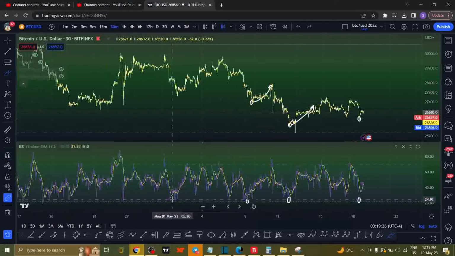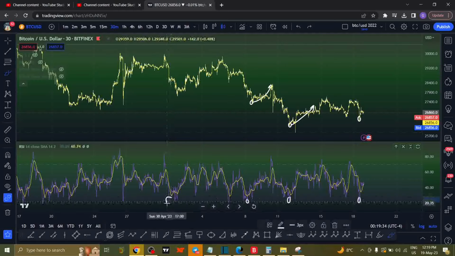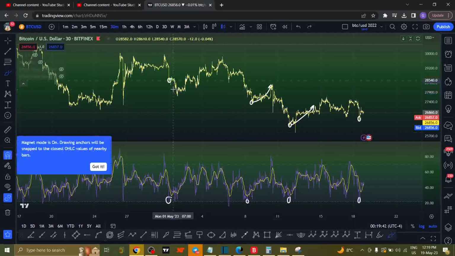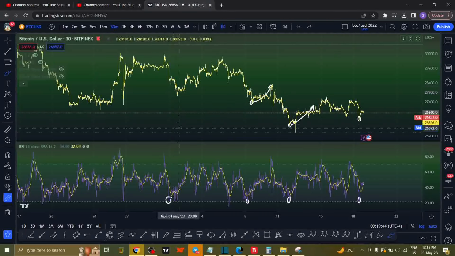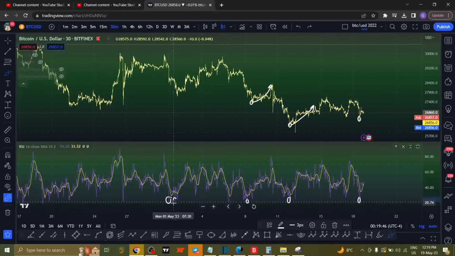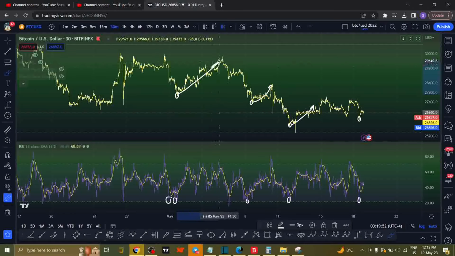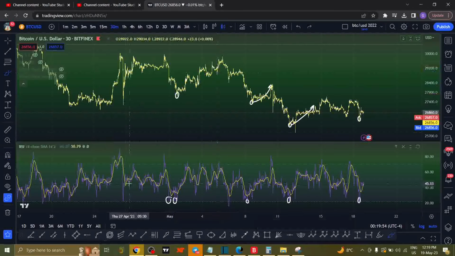Again, anytime we trigger our 20 RSI, there tends to be a movement to the upside. Now, something to note with this RSI strategy, it's not going to be 100% accurate. There are times where we triggered our 20% RSI index and we had a shift to the downside. So do keep that in mind. However, the majority of the time when we triggered the RSI at 20%, there tends to be a shift to the upside.